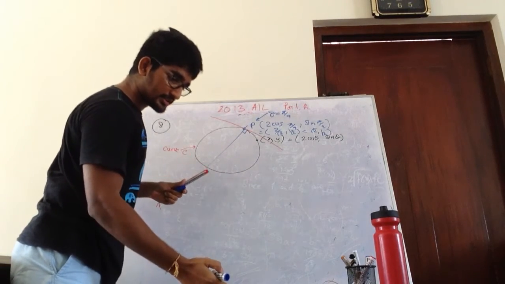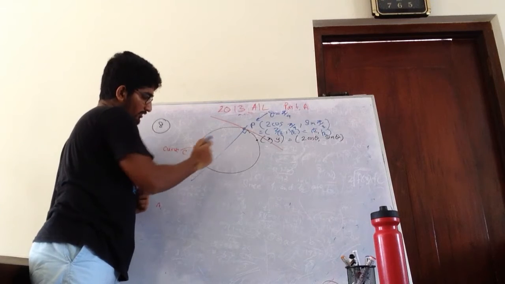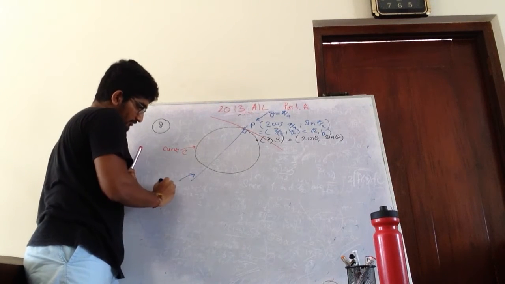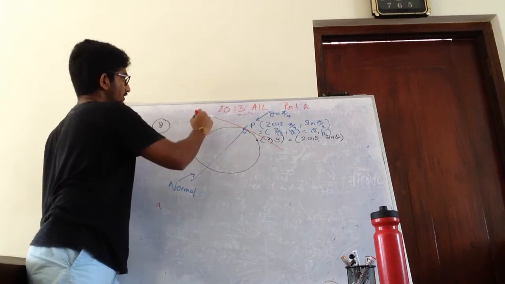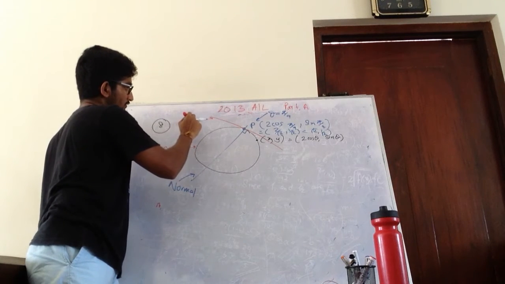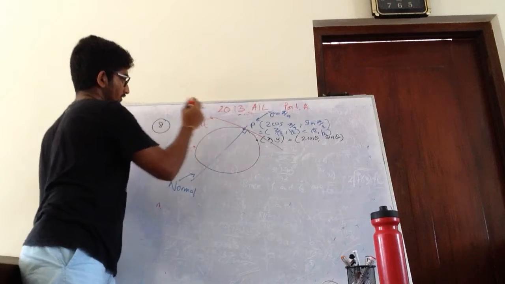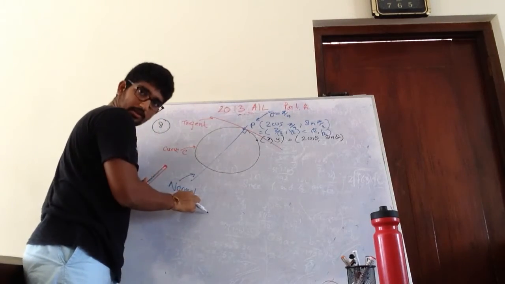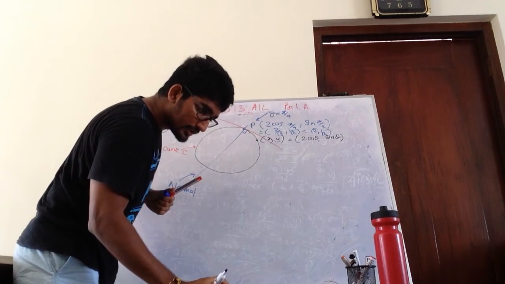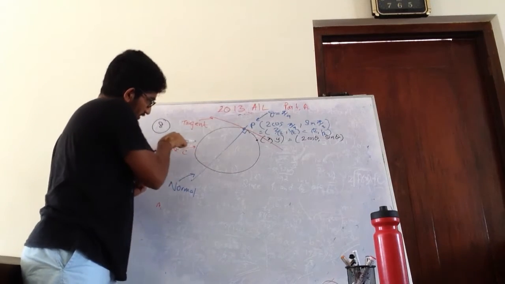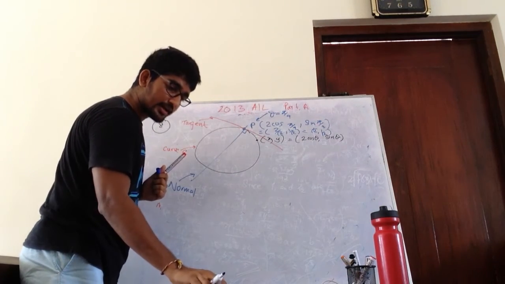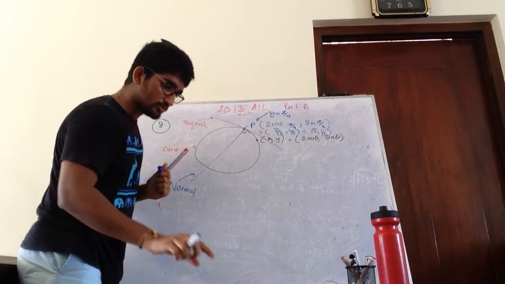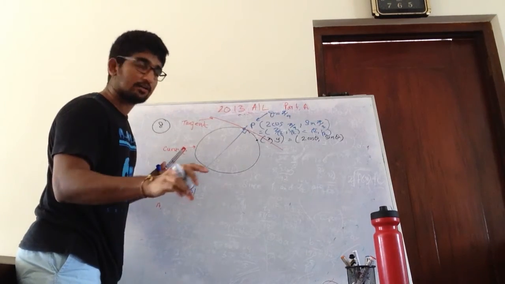So what do they say? They say this is the normal, and this is the tangent. So the normal meets the curve C at the point corresponding to theta equals alpha.